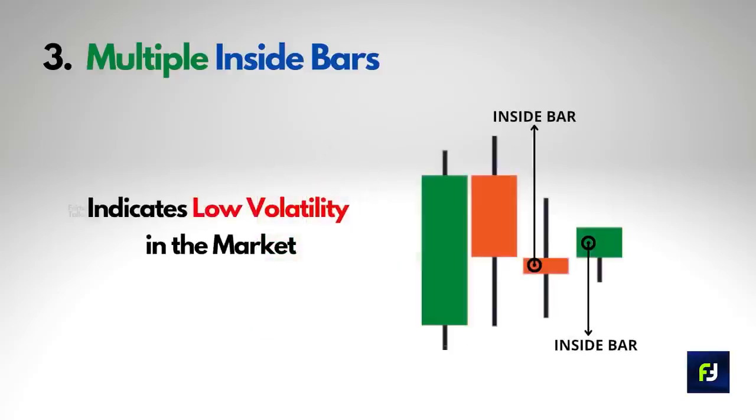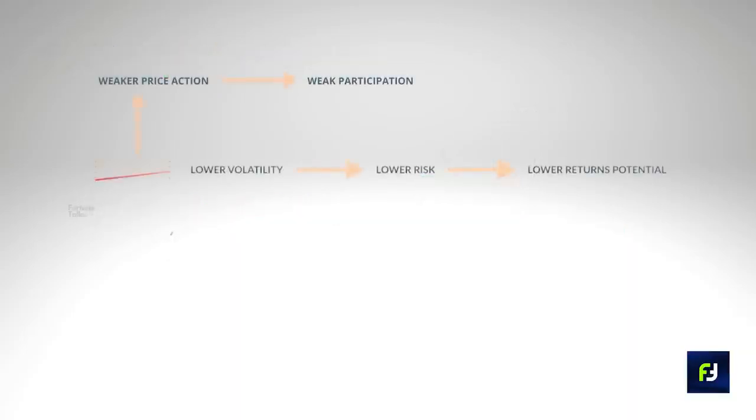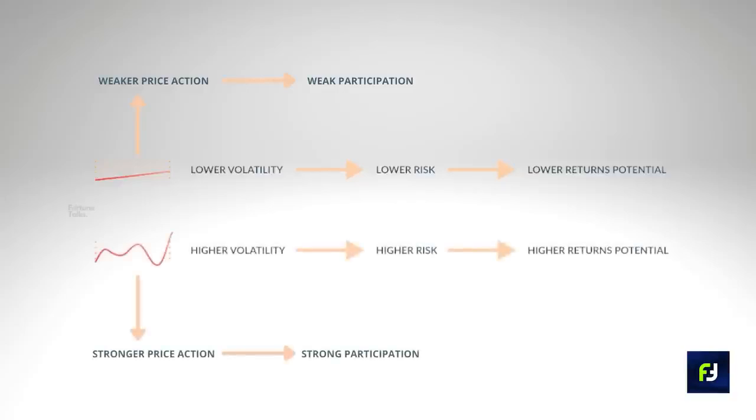This is a powerful pattern because it tells you that there is low volatility in the market. To briefly talk about volatility, low volatility is associated with weak participation from the market participants, or it can signify weak price movements, while a high volatility is associated with elevated interest from the market participants.